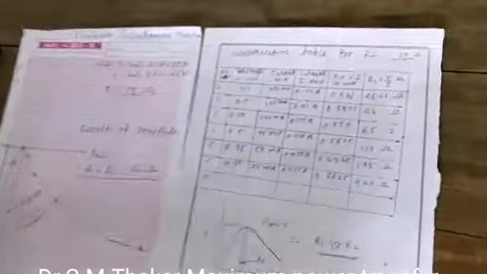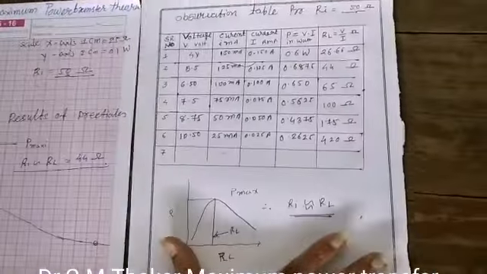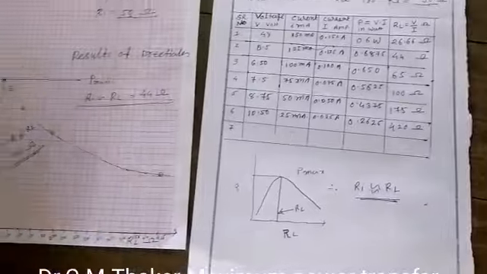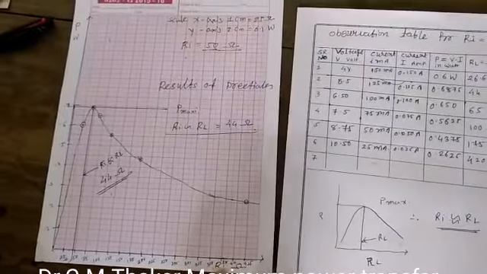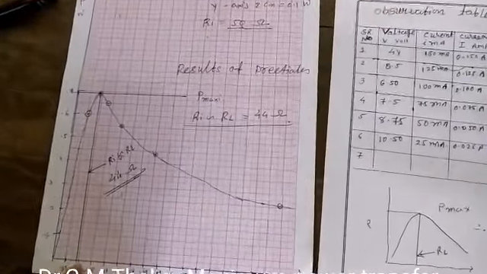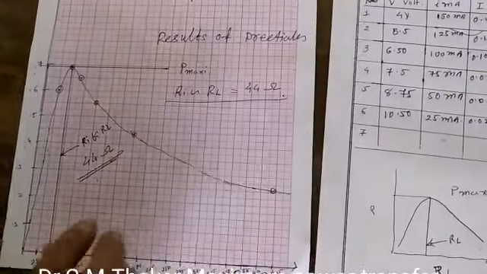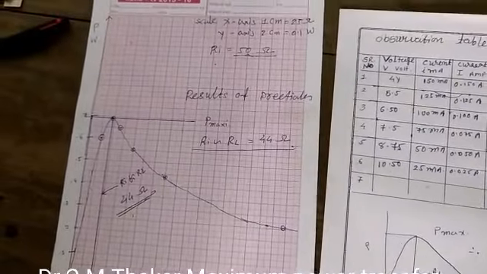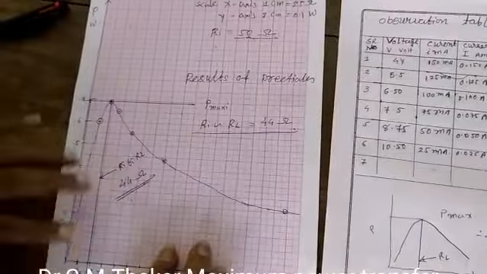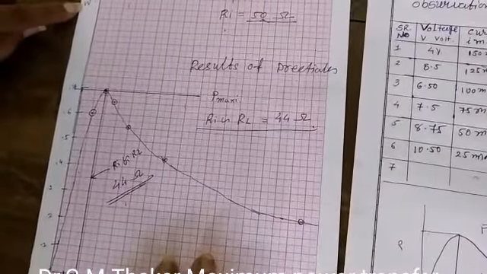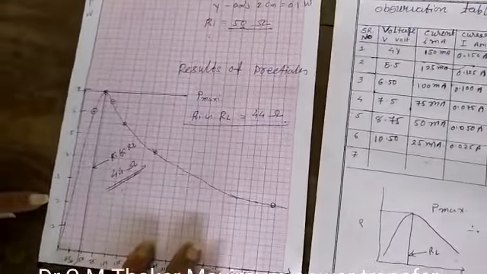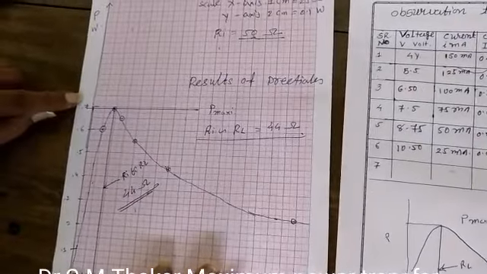This was the observation, a set of observations you can say, and now we plot the graph. Here the x-axis shows the load resistance RL with 25, 50, 75, 100 ohms. Per centimeter it shows 25 ohms, and on the y-axis it is power in terms of watt, that is 0.1, 0.2, 0.3 up to 0.7.